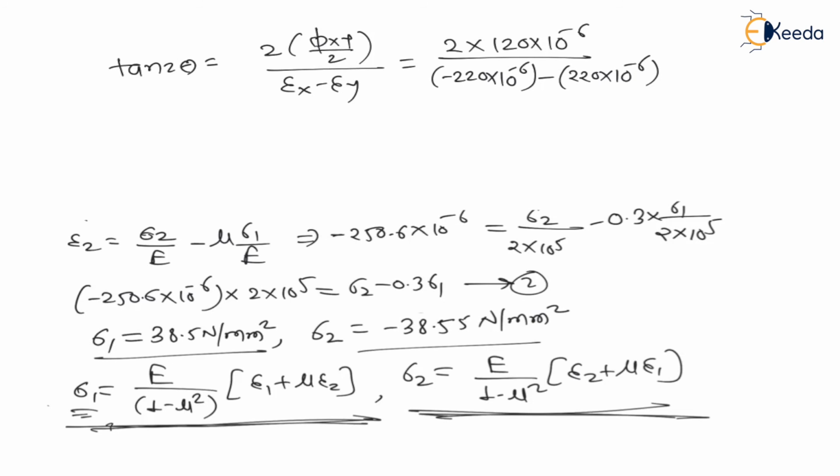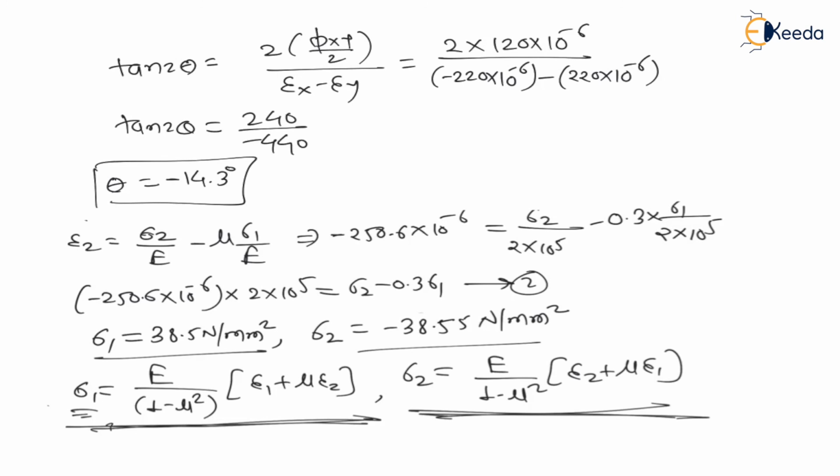If I simplify this, tan 2 theta is 240 divided by minus 440. From this, theta is equal to 1 by 2 tan inverse of 240 divided by minus 440, which gives theta equal to minus 14.3 degrees.